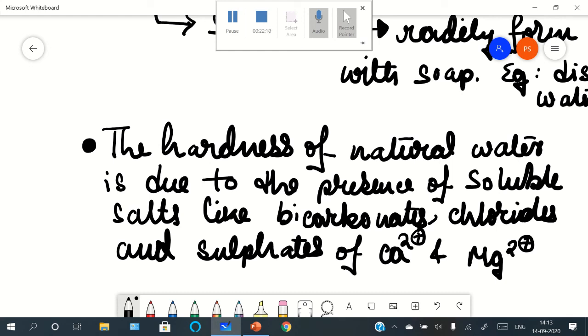But to remove the hardness of water permanently, there is another process known as permanent removal of hardness, which can be done by very different methods. I would suggest you go through those methods and study them, because these are normal metallurgic methods.